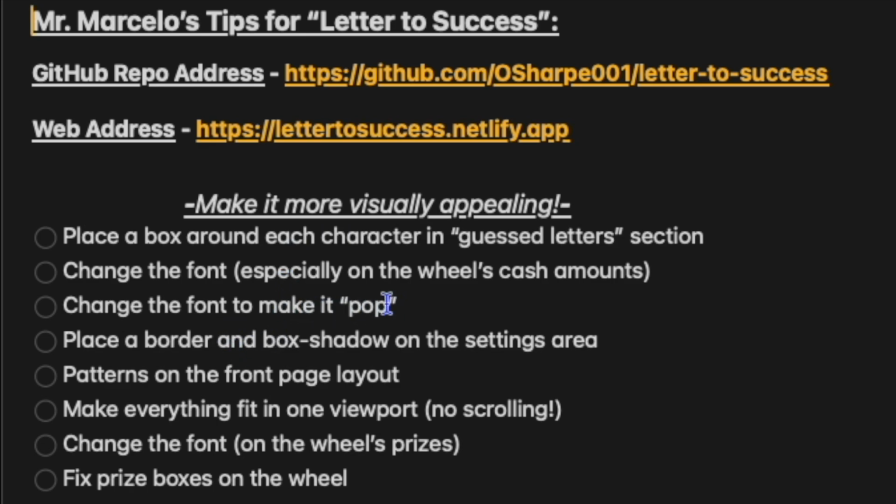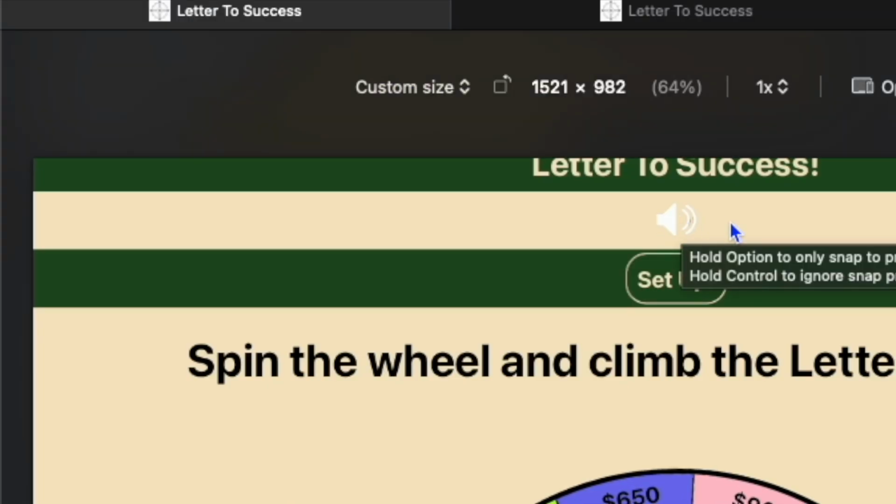And we're also going to change the font of the wallet cash amounts. And also in the CSS, we're going to place a box around each character in the guessed letters section. So, a border and box shadow on the settings area as well. I want to hit those four items by the time we're finished, and also get this cleaned up.